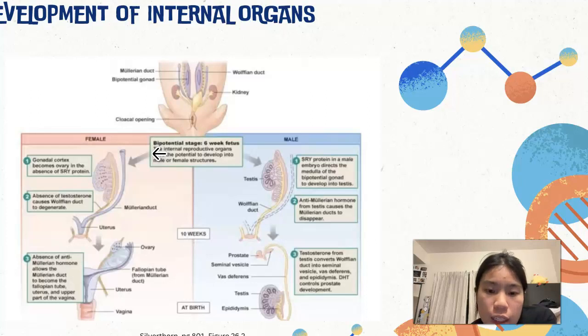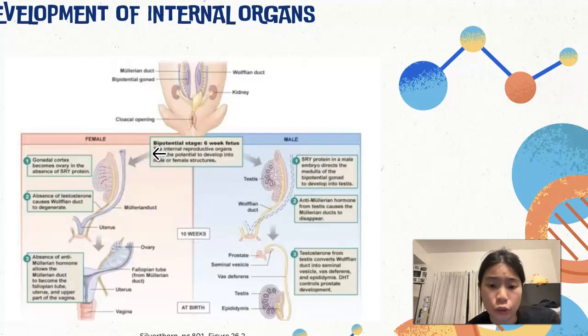If we refer to the right side, for males, they do have the SRY gene. We know that for sure. So first, up to 6 weeks, our gonads are bipotential, but at 6 weeks things start to differentiate, and since males have the SRY gene, they're able to make SRY protein, and this would direct the bipotential gonad to change into testes.